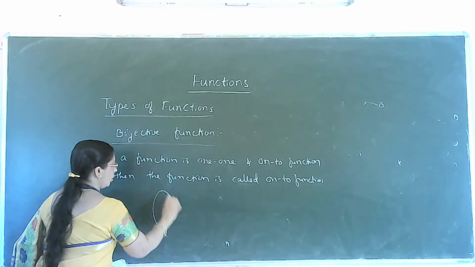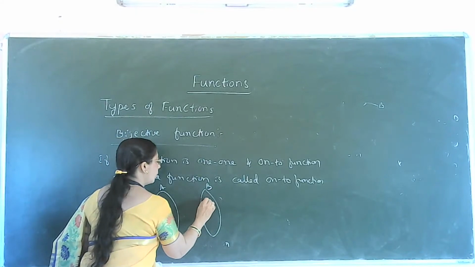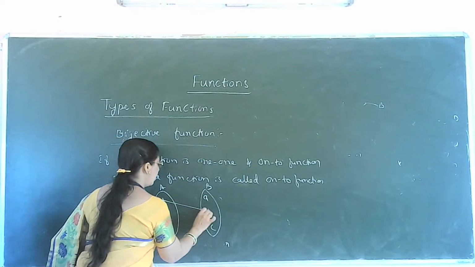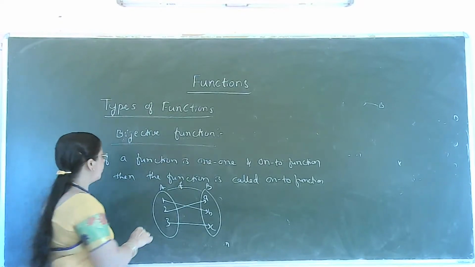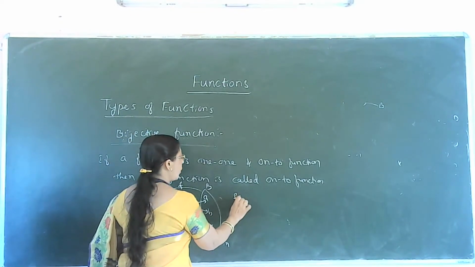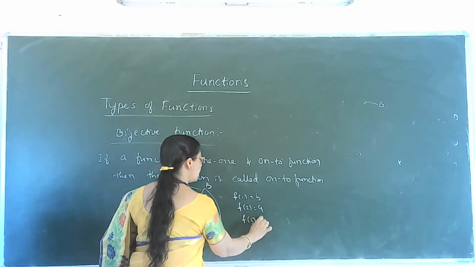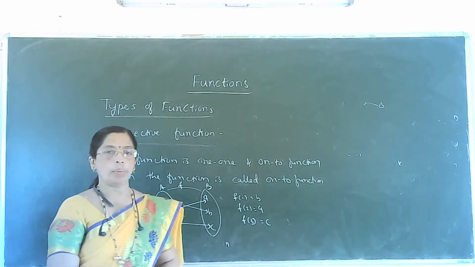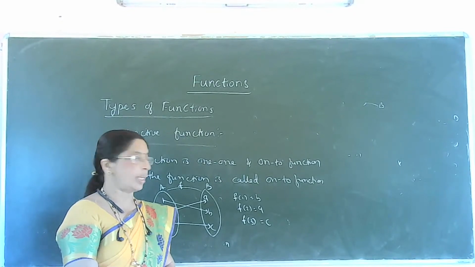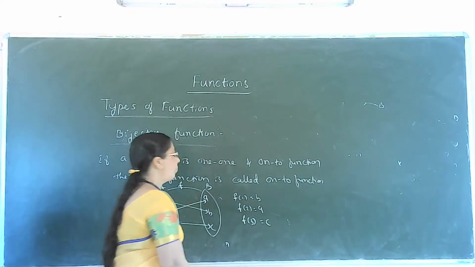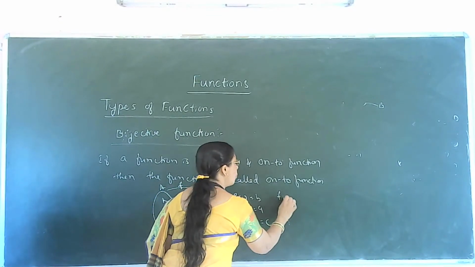Here A is 1, 2, 3 and B is A, B, C. Let me say the function: f of 1 is equal to B, f of 2 is equal to A, and f of 3 is equal to C. Here 1, 2, 3 have the separate images B, A, C respectively, distinct images, therefore the function is one-one.